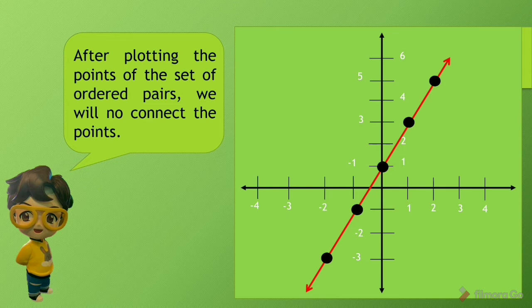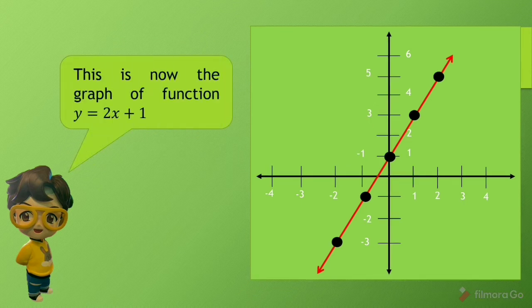So linear function na siya. So this is now the graph of the function y is equal to 2x plus 1. Our exponent here is 1 since imaginary magiging imaginary siyang may 1 kasi 1. So automatically your graph will be a linear, naka-linear.